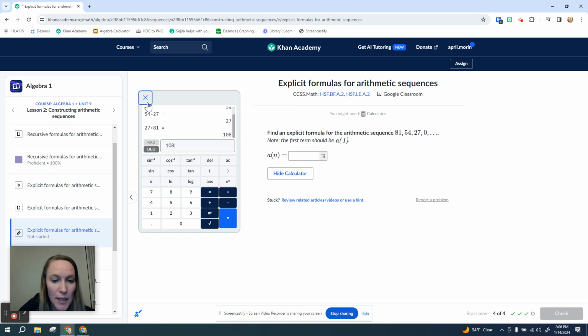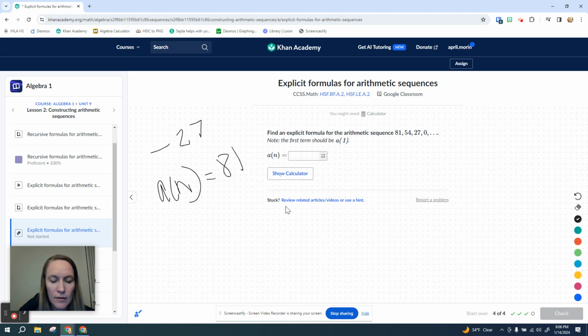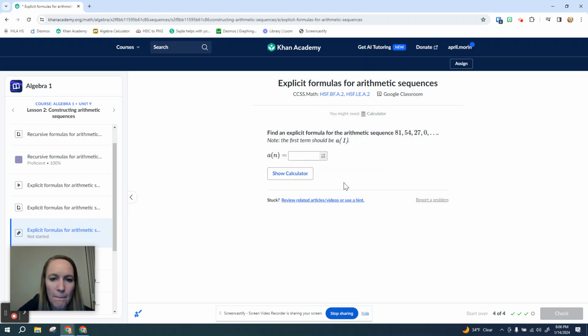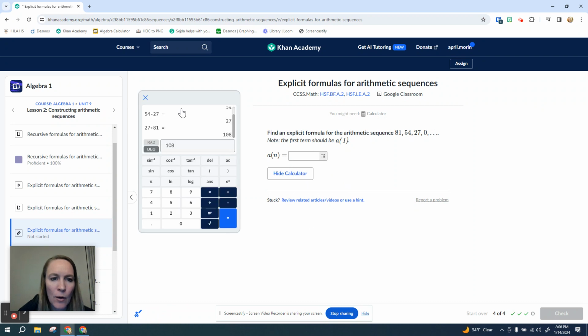Will it let me do that? Let's see. This arithmetic stuff is kind of guess and check if you haven't caught on to that. Okay, so what did I say it was? 108. Okay.